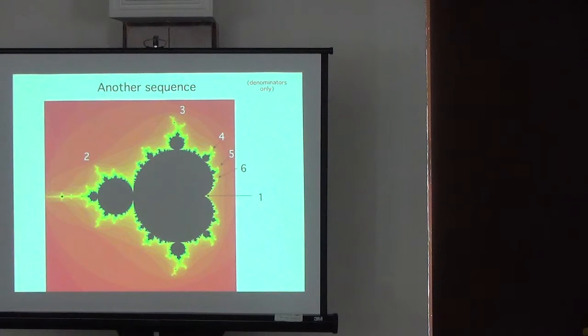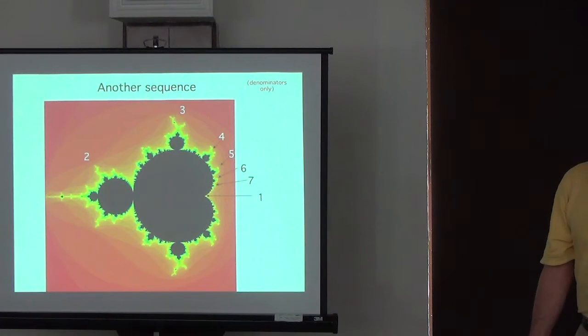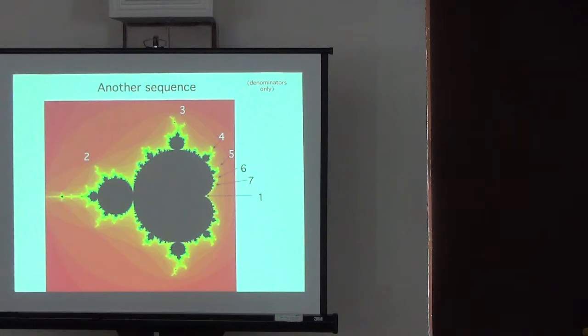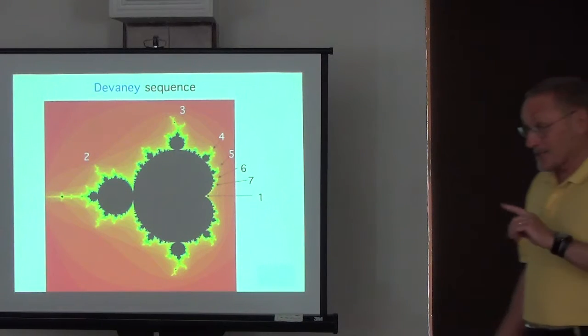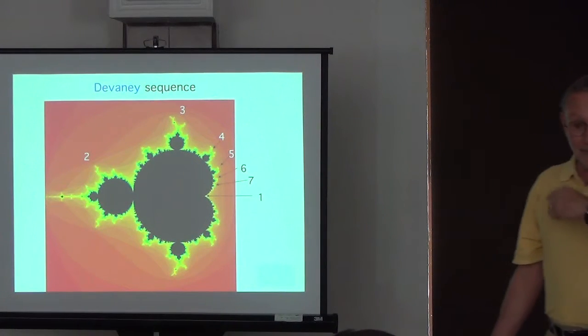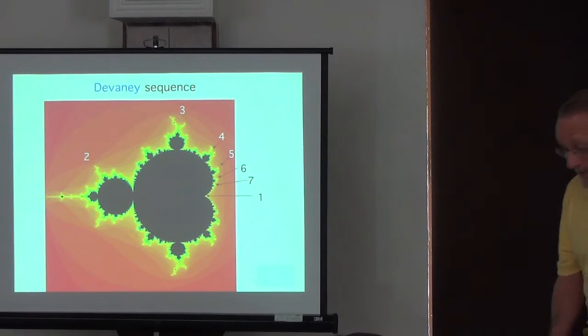And 5 and 1 is 6. And 6 and 1 is 7. This is a sequence that I think is going to become more important than the Fibonacci sequence. So I've named it after myself. So if you ever happen to come across this sequence in the future, please call it by its name.